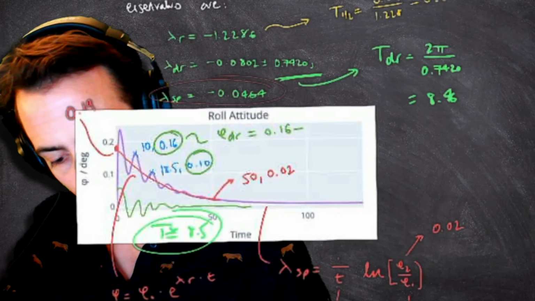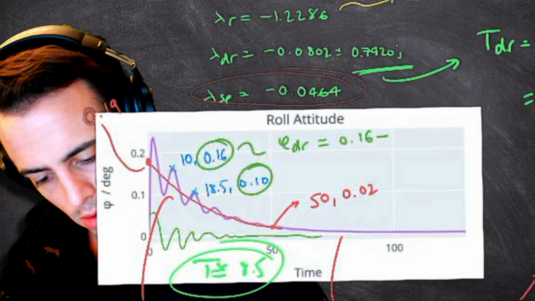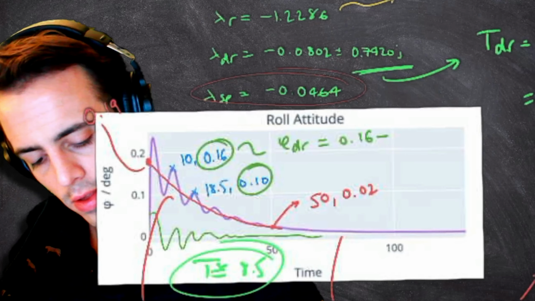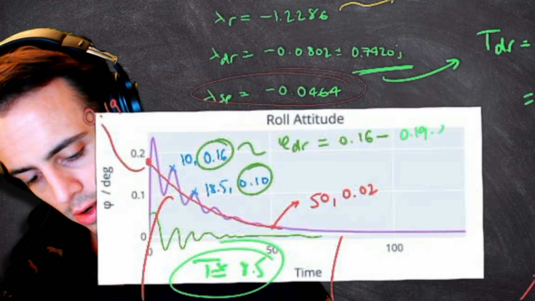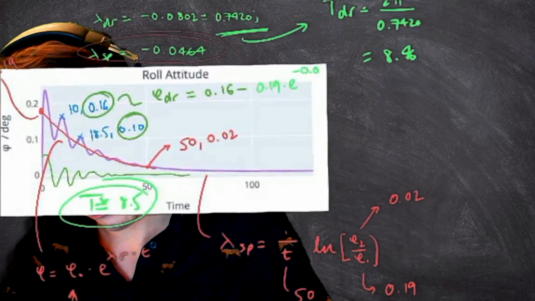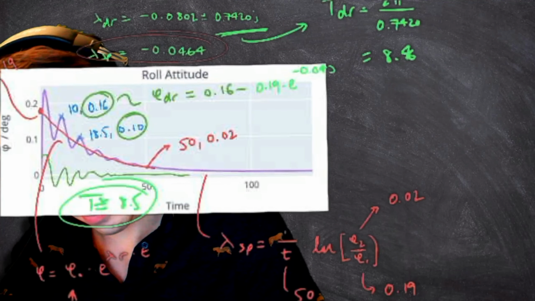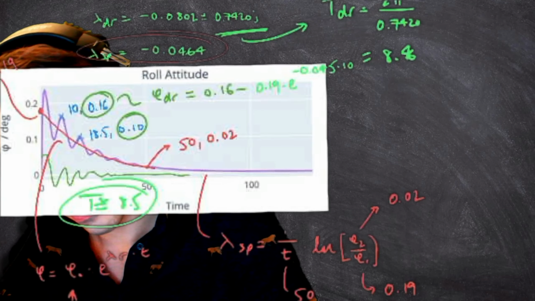So then this value up here is going to be phi Dutch roll, and that's going to be 0.16 minus 0.19 multiplied by e to the minus 0.045 multiplied by the time, which is just 10 seconds here.